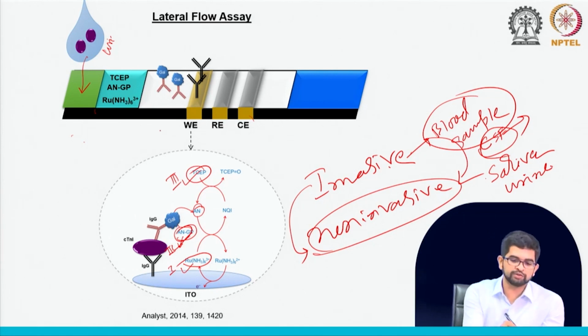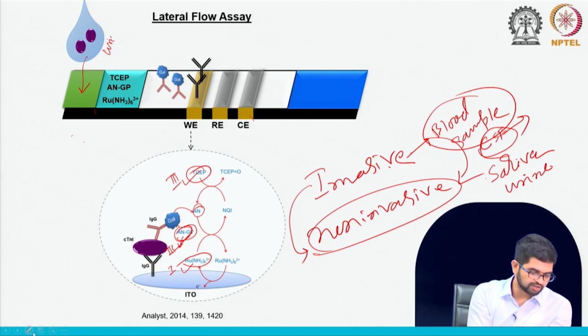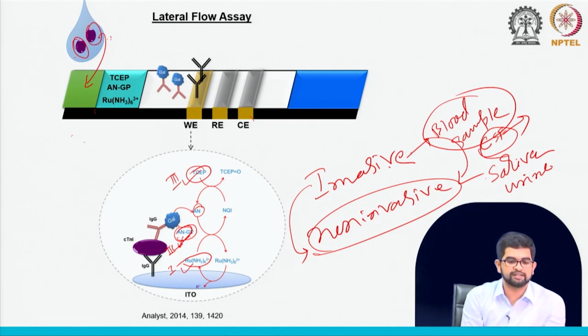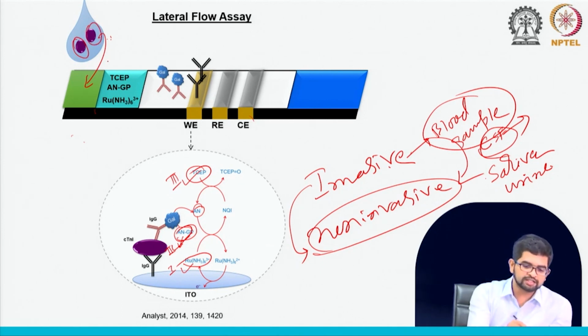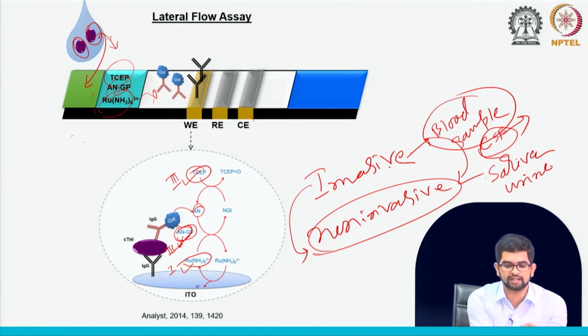Okay, now let's come back to the mechanisms of these lateral flow biosensors. So I drop the urine sample that contains some target. Naturally this chemical will dissolve, right, and they will flow. Now if you have the secondary antibody and it already contains the target, the target will bind, right. If your sample contains target, then it will bind with your secondary antibody.